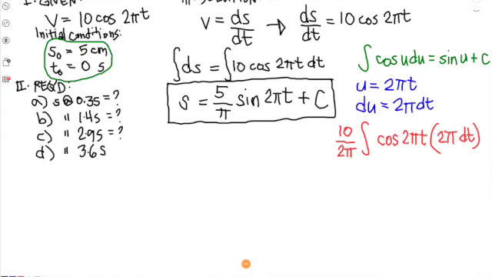Okay, so writing down our equation in terms of the initial conditions, we have S sub O equal to 5 over pi sine 2 pi of initial time T sub O plus C. So we have here 5 centimeters equals 5 over pi times sine 2 pi times t, which is 0.